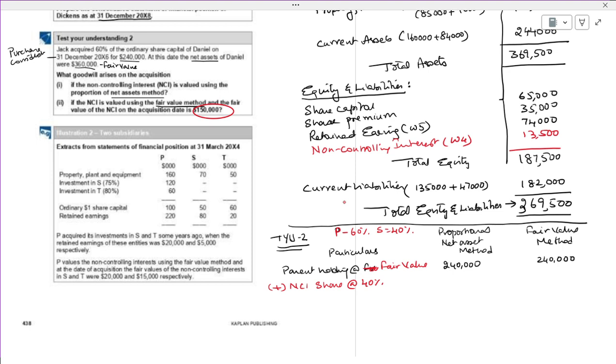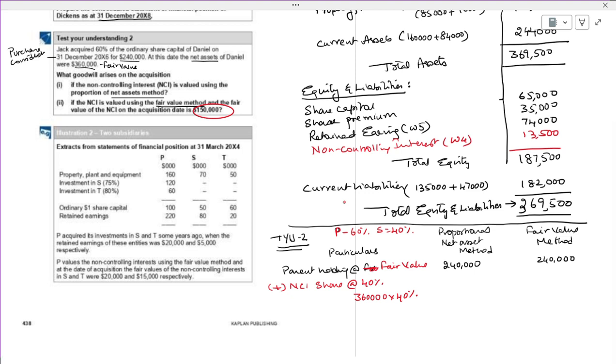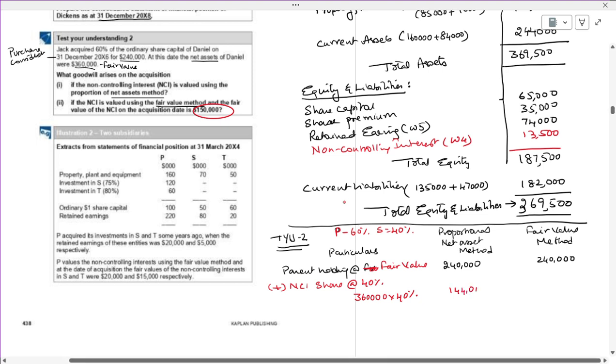If you take proportional to net assets, how much will you get? 360 times 40%. You will get 144, proportional to net assets.